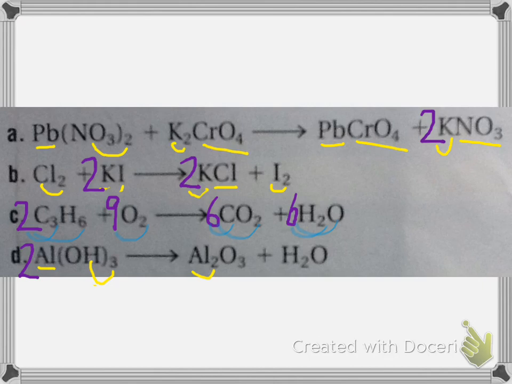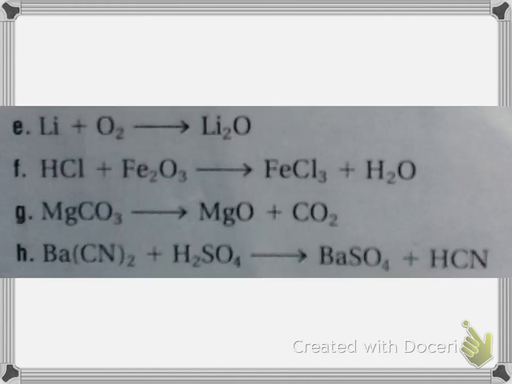I have 6 hydrogens. So I need a coefficient of 3 in front of water. Oxygen-wise, I have 3 times 2 makes 6 oxygens here. I have 3 plus 3 more here makes 6 total. So this is properly balanced.